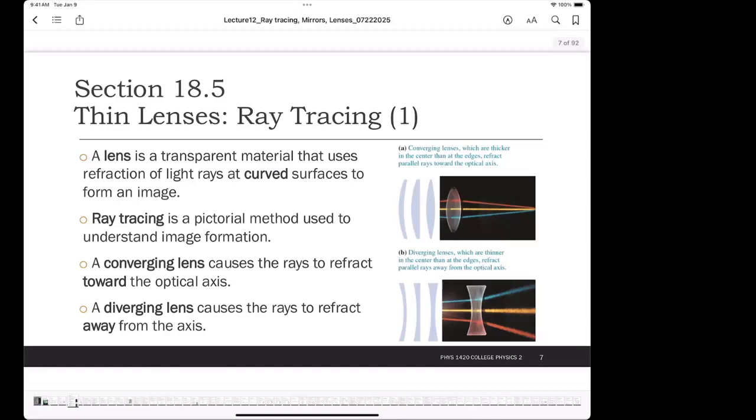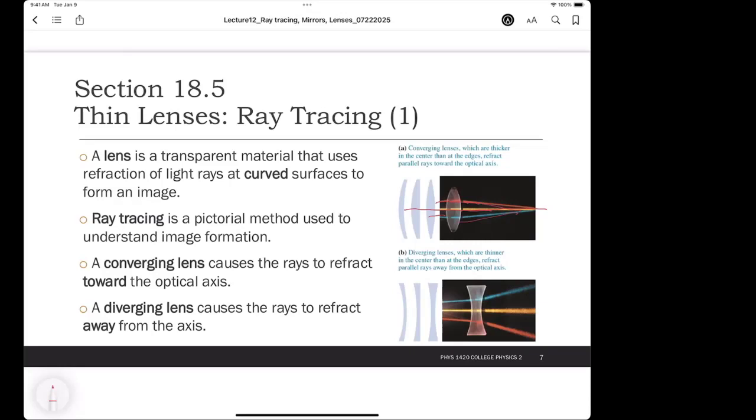A convergent lens, you can see here. The convergent lens causes the rays to refract toward the optical axis. This is the optical axis, and this is a convergent lens that causes the rays, you can see different rays, to refract toward the optical axis.